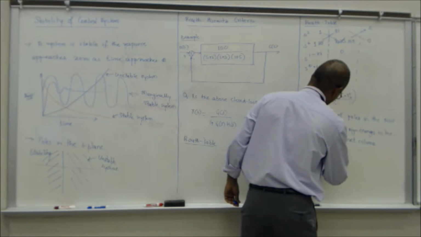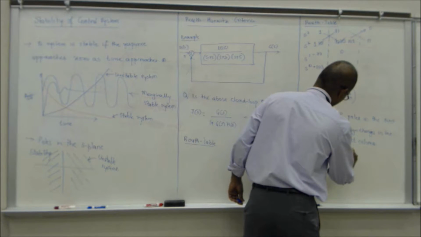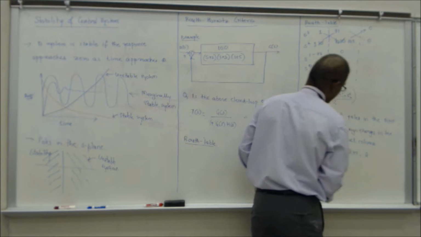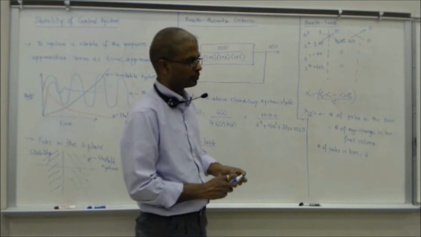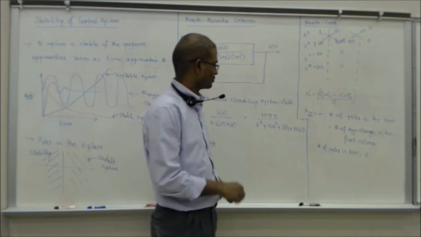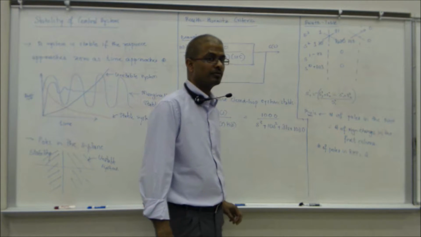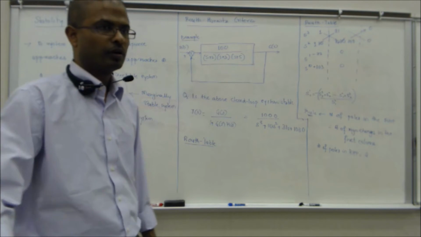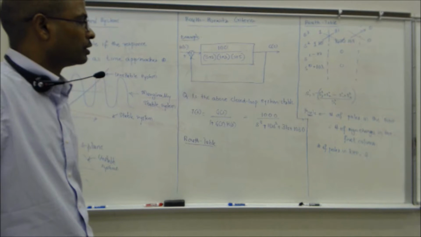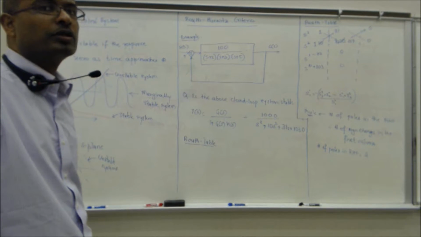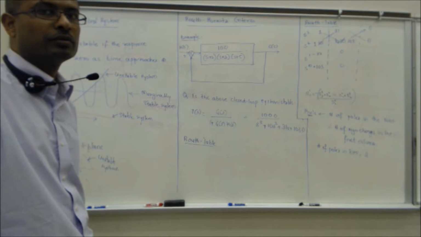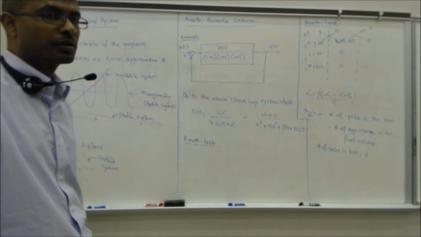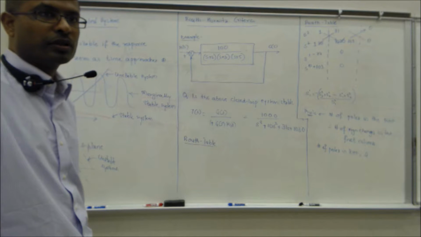number of poles in right half plane is equal to 2. It's unstable. That means it's unstable. So if there is any sign change in the first column, that means that the system is unstable.